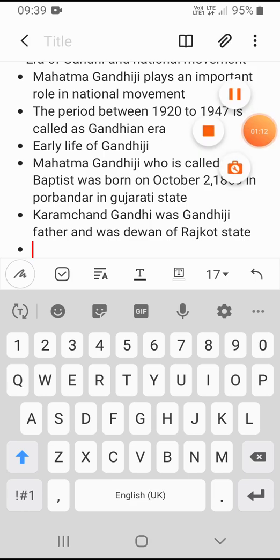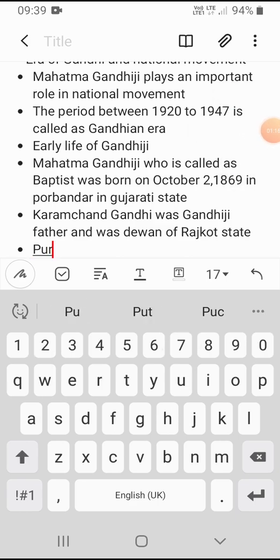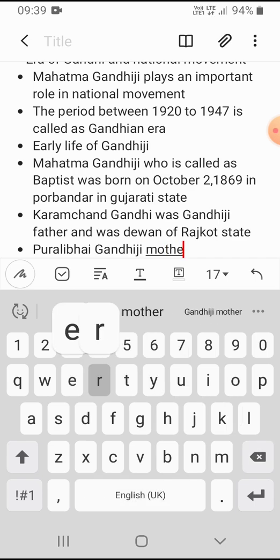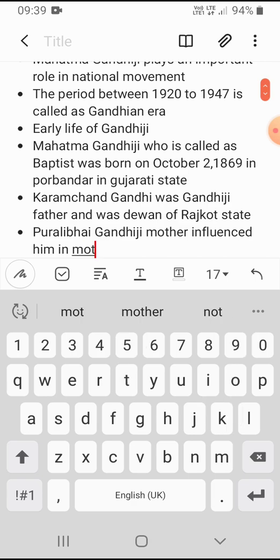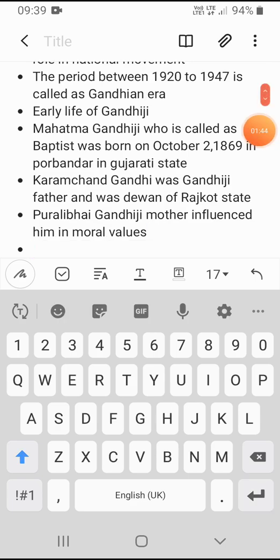Gandhiji's mother, Putli Bhai, influenced him in moral values.